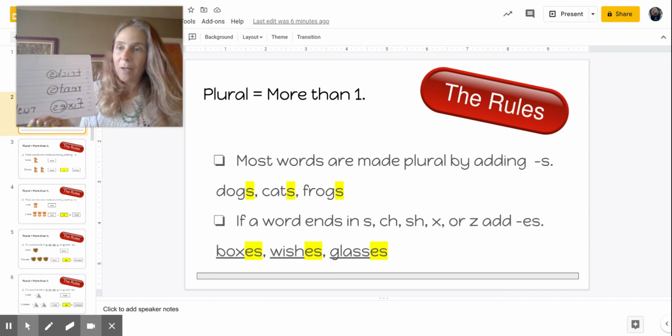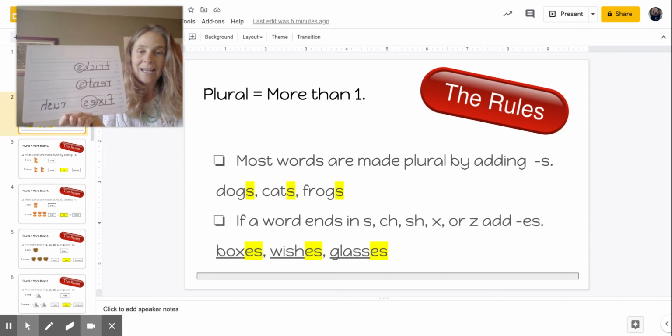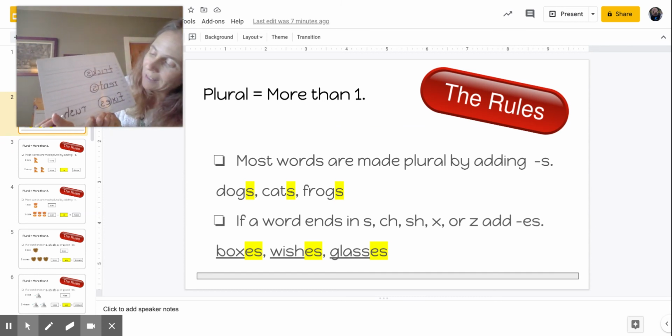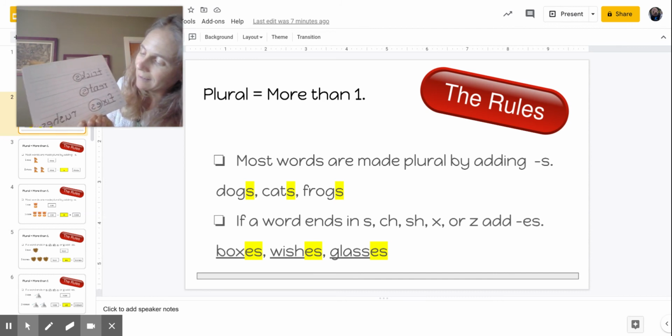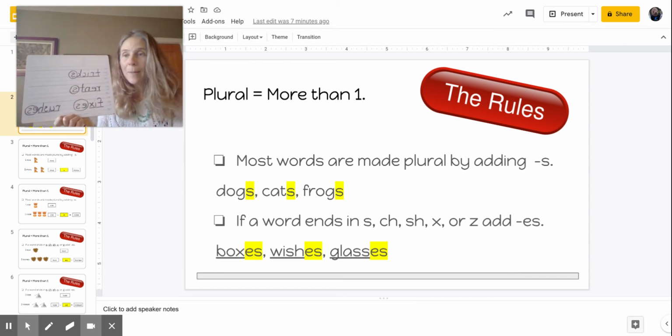Now let's take a look at my rule. If my word ends with SH, I see that in my rule, then I'm going to add an ES to the end. Rush is my base word, and I'm going to circle my suffix. Rushes. Great work.